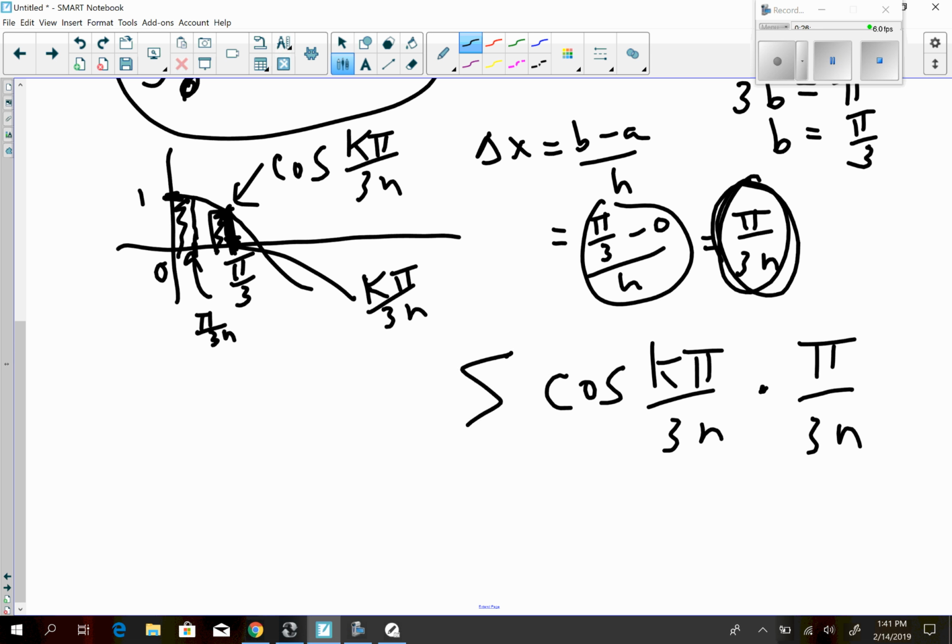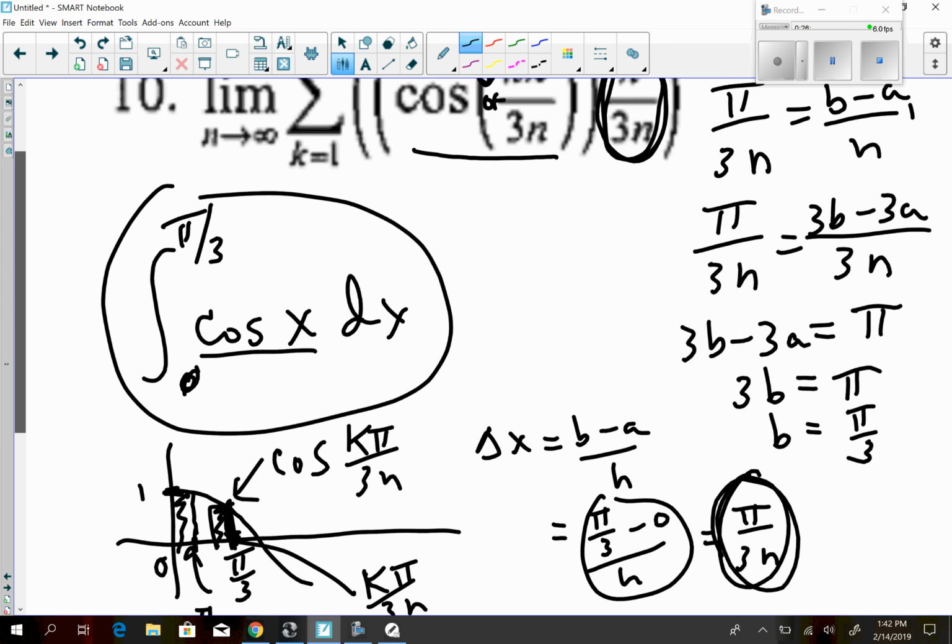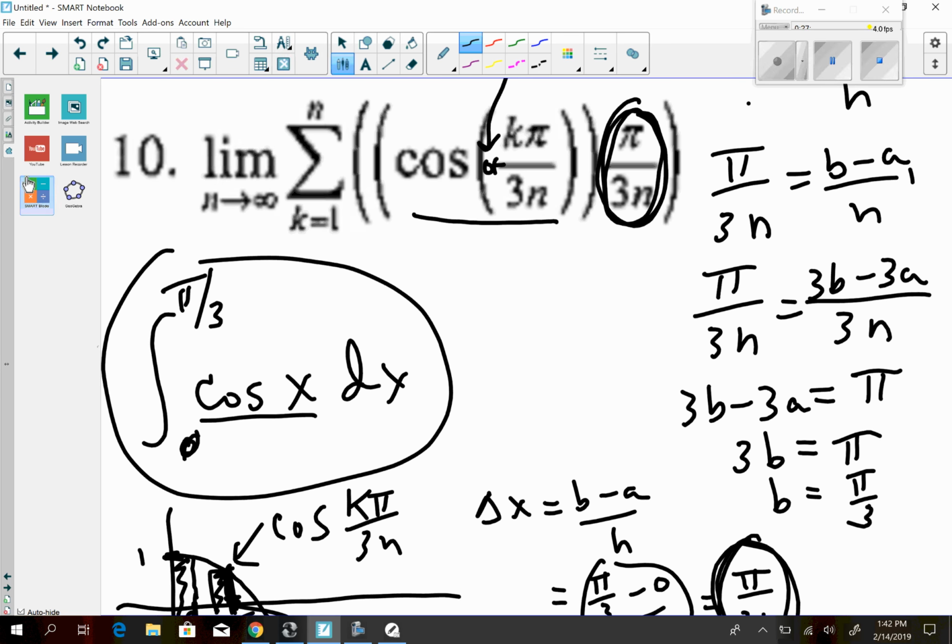So we say sigma, k equals 1 up to n, meaning however many rectangles there are, and then make the limit as n approaches infinity. And this is actually what we started with. Just check it. Limit.